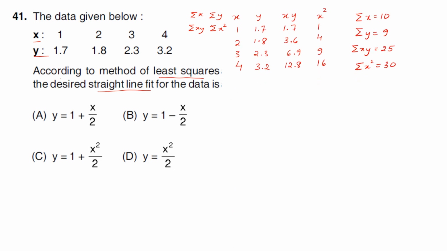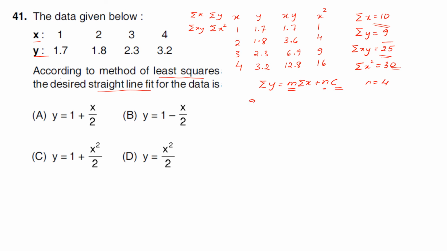Here summation x is 10, summation y is 9, summation xy is 25 and summation x square is 30. Then from the least square fit method, summation y is m into summation x plus n into c, where m is the slope, c is the intercept and n is the number of trials. Here the value of n is 4. Substitute the values of summation y and summation x.